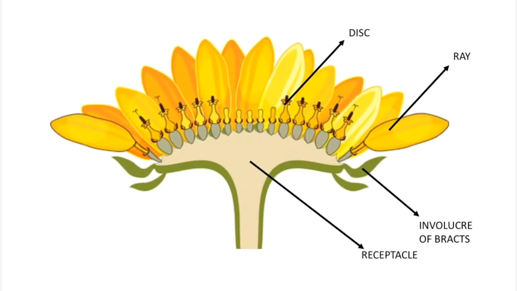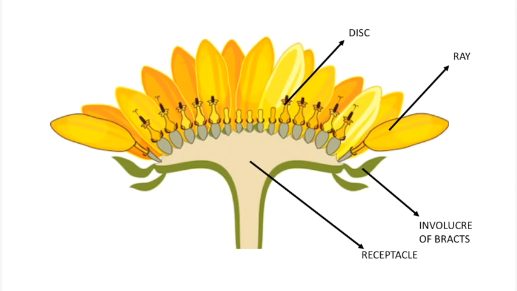This arrangement can be diagrammatically represented as this. Now, if you look at this diagram, you'll see that the disc florets are present at the center. The youngest disc florets you see are still in bud condition at the absolute center of the diagram, the oldest being at the periphery. The ray florets are ones with a single petal, a ligulate structure, at the periphery.